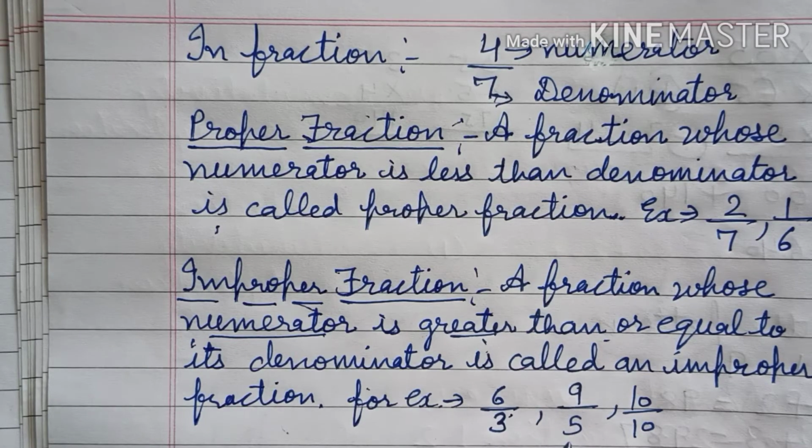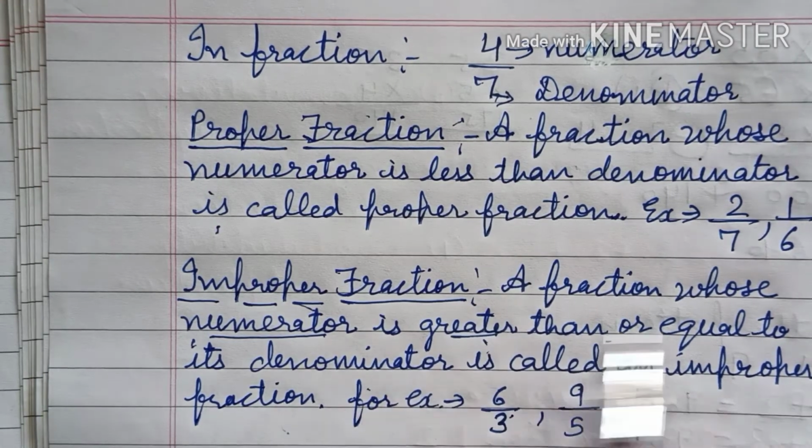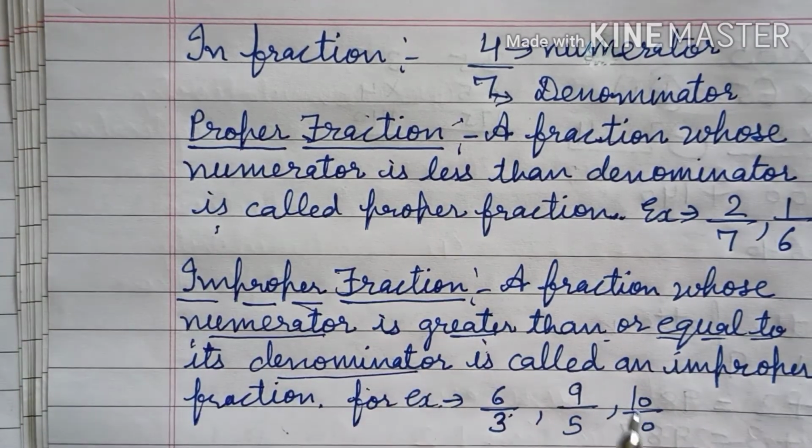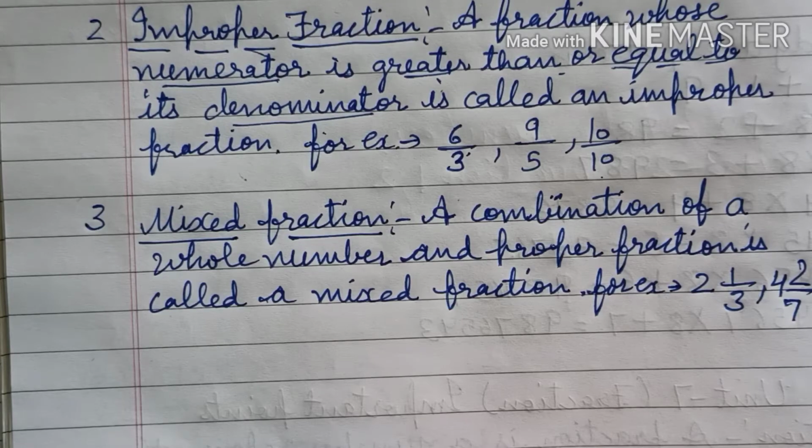And 9/5, again the numerator is greater than the denominator. One more: it is written "equal to its denominator", which means the numerator can be equal to the denominator. That is also a condition of an improper fraction.